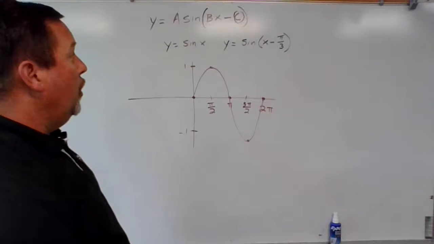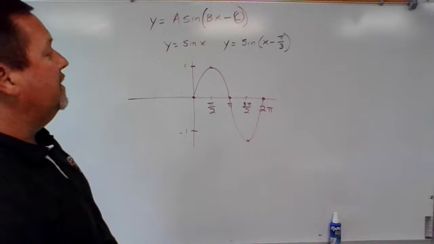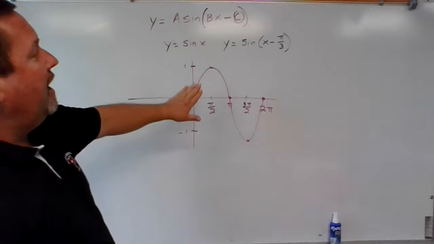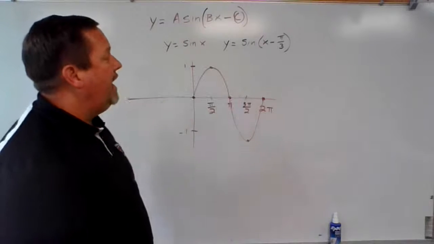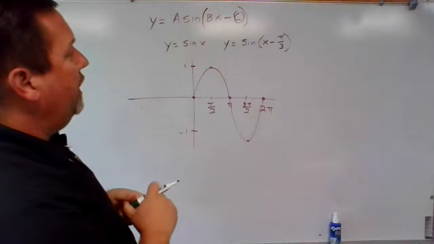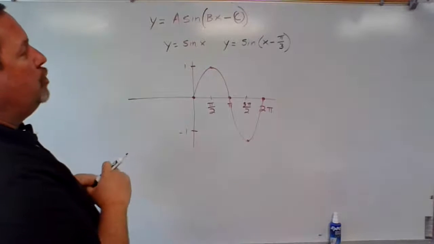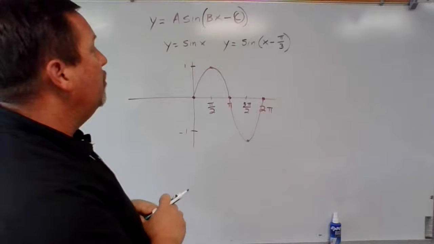Okay, so that looks a little ugly. What that's going to do is take my basic sine graph. The amplitude hasn't changed. The period hasn't changed. Those are going to be 1 for the amplitude, 2 pi for the period. But it is going to shift this because it's minus. Hopefully, remember, it's going to shift it to the right.